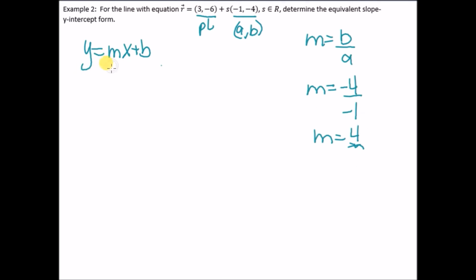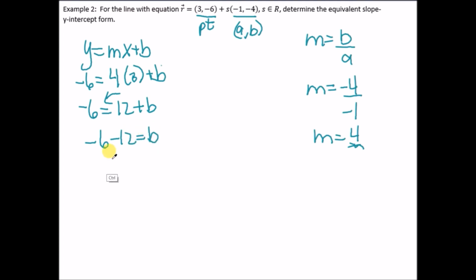So we have the slope, which is 4, but we don't have the y-intercept, b. Let's plug in the point 3, comma -6 and solve for b. You can just rearrange. I get -18 equals b. Therefore, our equation is y equals 4x minus 18. So we are able to go from vector equation to slope y-intercept form.